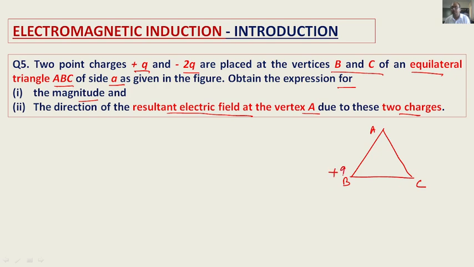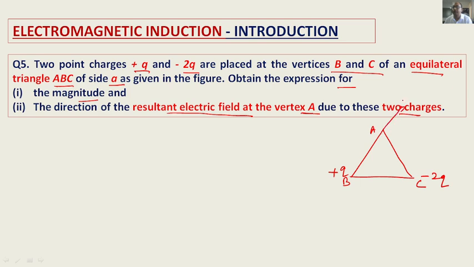In B, plus Q charge is kept. In C, minus 2Q charge is kept. We have to find the resultant electric field at the vertex A. We know that the electric field due to this Q charge, which is kept at B, will be in this direction.